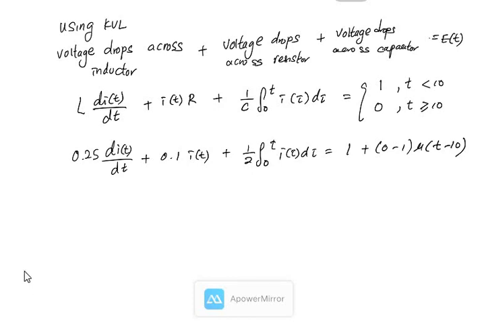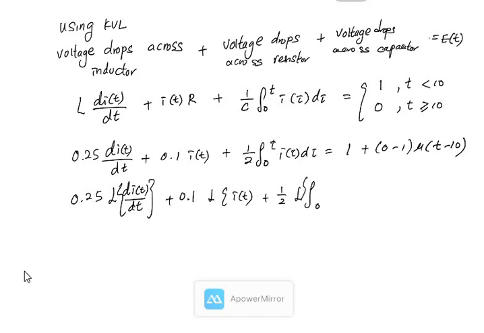Okay, and then we can simplify again. We get 0.25 times the Laplace transform of di/dt, plus 0.1 times the Laplace transform of i(t), plus 1 over 2 times the Laplace transform of the integral from 0 to t of i(tau) d tau, equal to the Laplace transform of 1 minus the Laplace transform of u(t minus 10).